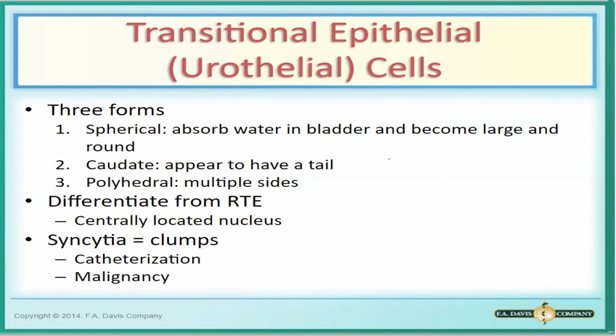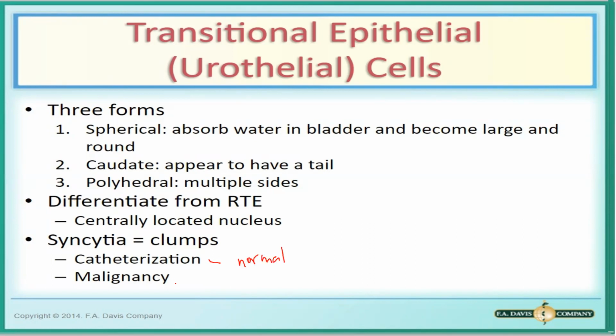We have different causes po na tumataas or dumadami si transitional epithelial cell. The number one, due to catheterization. Because of catheterization, you can see transitional epithelial cell with normal morphology.